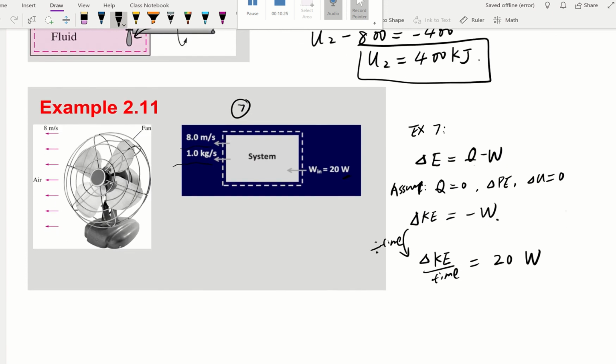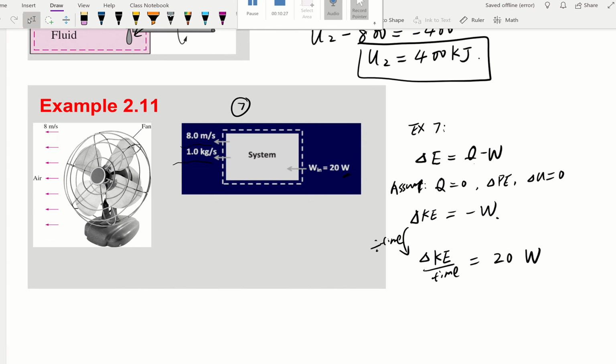Okay. And now let's think about kinetic energy. Kinetic energy normally is what? Half mv squared. That's in joule. If you're going to change joule to watt, again, we're going to divide by time. So delta KE divided by time, let's take a look at it. What is half mv squared divided by time?